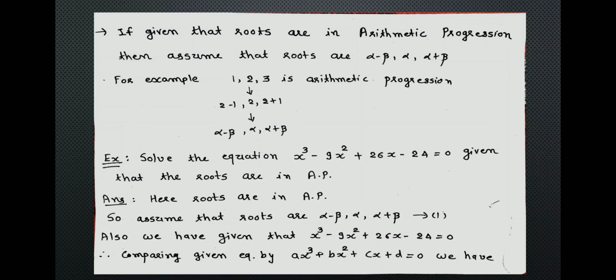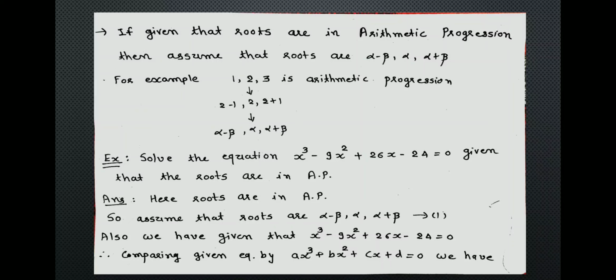Example: solve the equation x³ - 9x² + 26x - 24 = 0, given that the roots are in AP. Answer: here the roots are in AP, therefore suppose the roots are alpha - beta, alpha and alpha + beta, say equation 1.